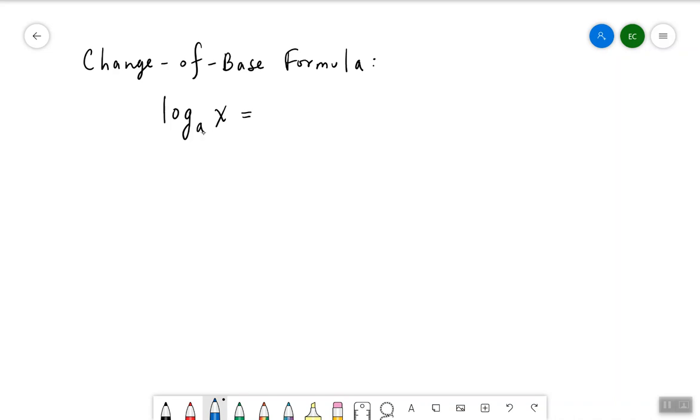We can rewrite log base a of x as the common log of x divided by the common log of a, since we like base 10 so well. We also like the base e, so we could also rewrite this as the natural log of x divided by the natural log of a.